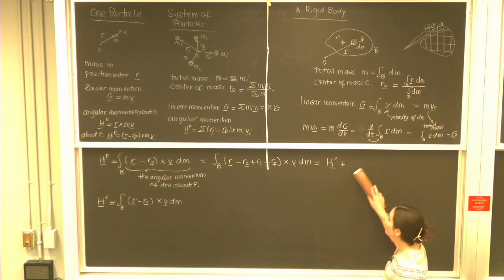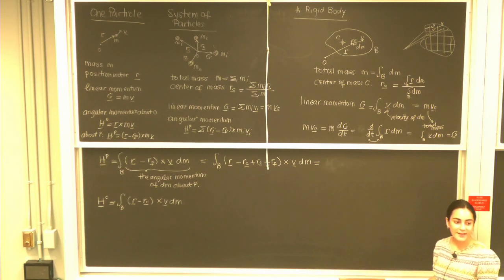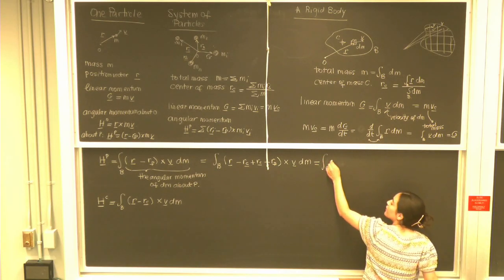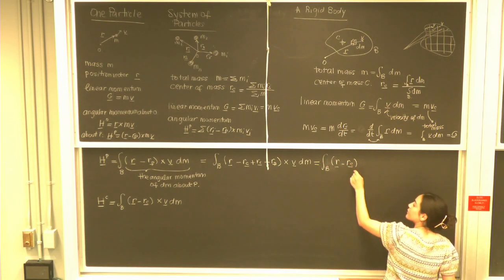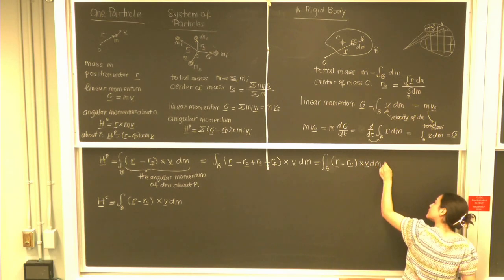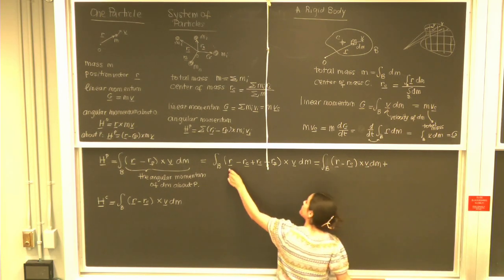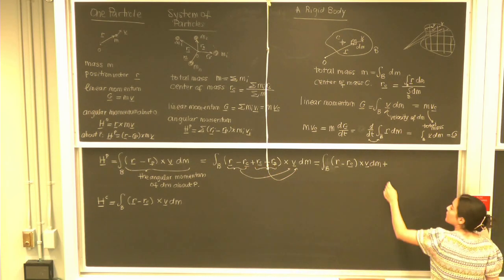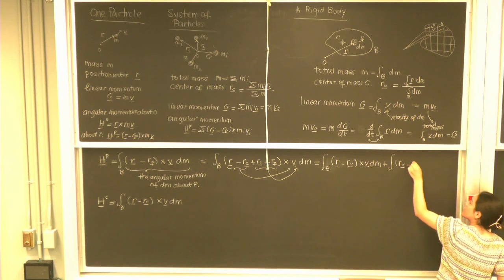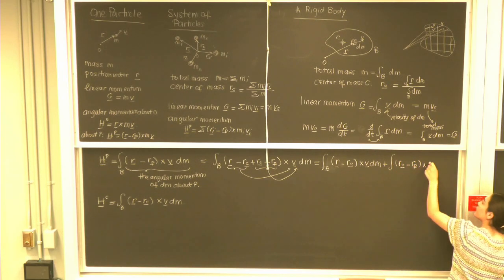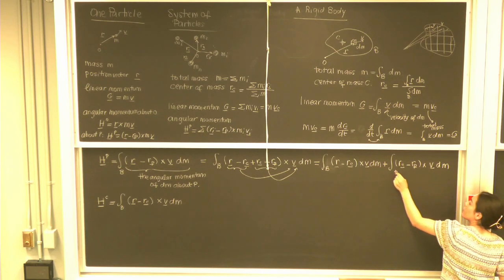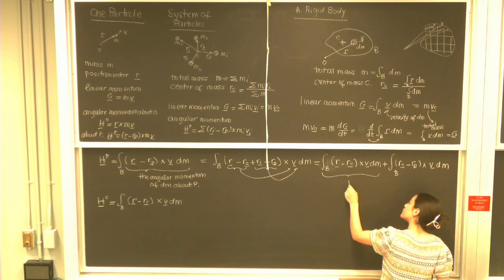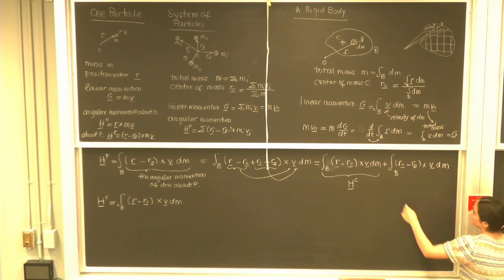So I'm going to erase this part. What's the first step here? Ideas? Yeah, divide and distribute. So I'll get r minus rc cross v dm. That's my first term. So it's this crossed with that. And then the second integral is going to be this crossed with that, right? Plus the integral of rc minus rp cross v dm over the body. What's this first integral equal to? HC. What about the second integral? Can I simplify it?